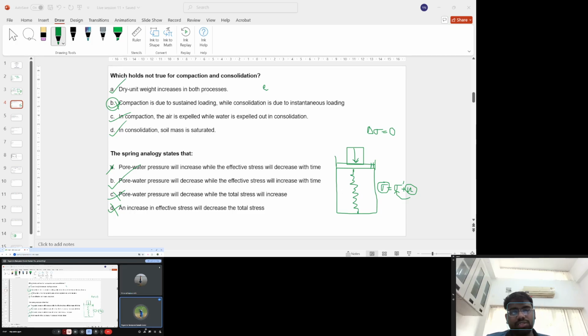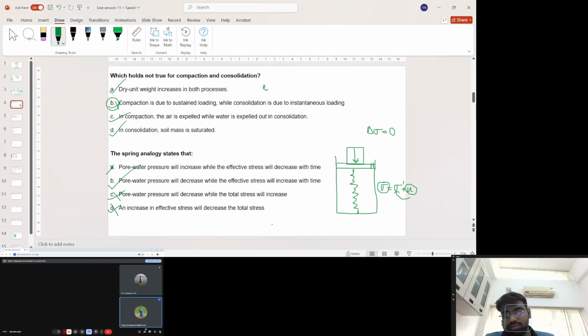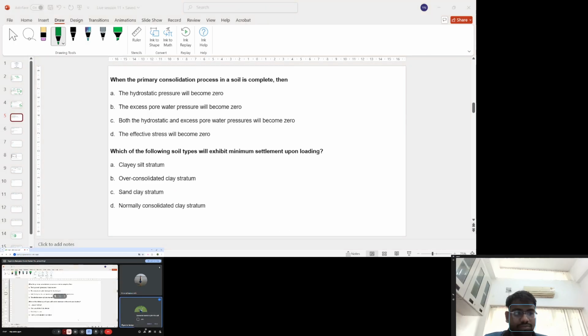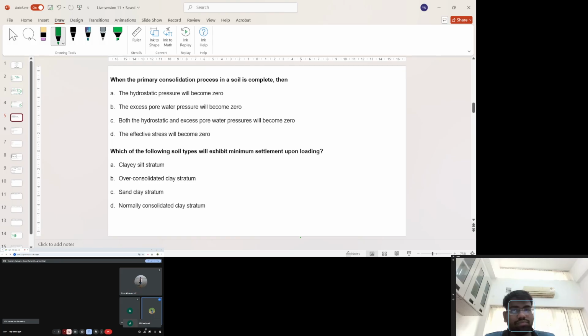So coming to the next question. When the primary consolidation process in a soil is complete, which of the options are right?